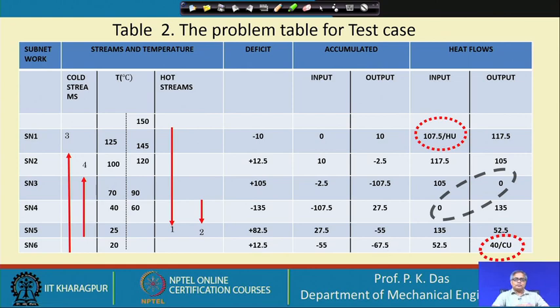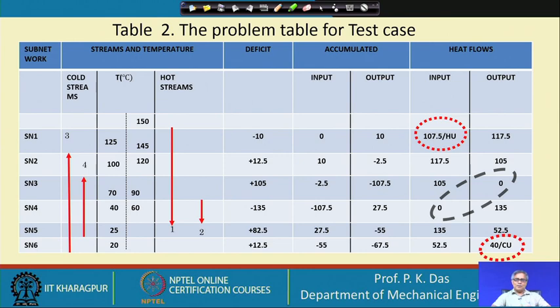Now, next step, again you see that we have put input and output. What we would like to do is to make sure that no input is negative. What is the meaning of input being negative?